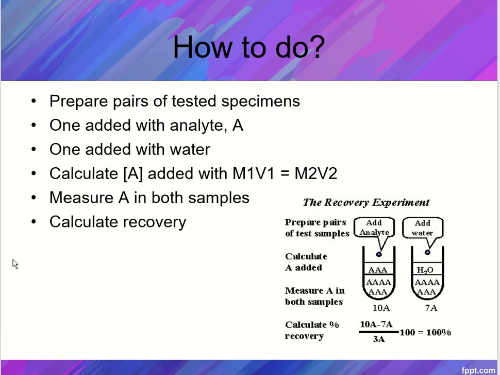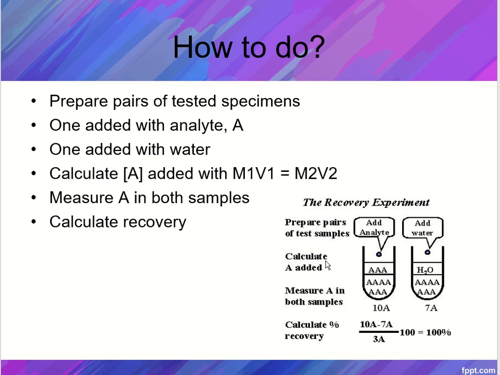So, how to do the recovery experiment? First, prepare the tested specimen in pairs. So, one specimen you need to do in pair. One specimen you add with analyte. Let's say in this example you are interested to test analyte A, then you add analyte A into the specimen, and the other one is added with water.